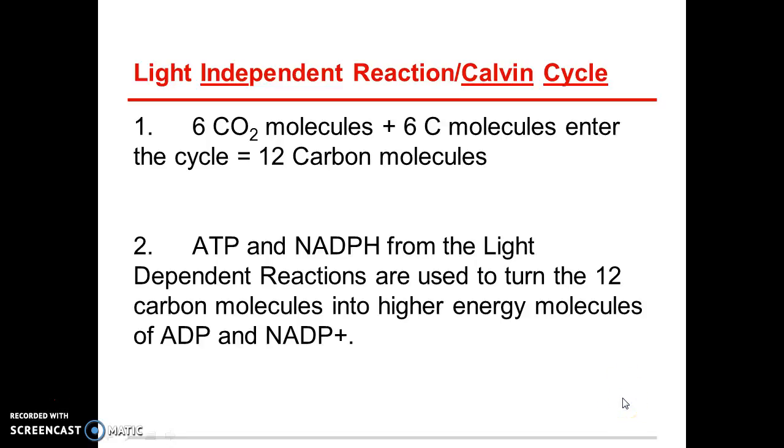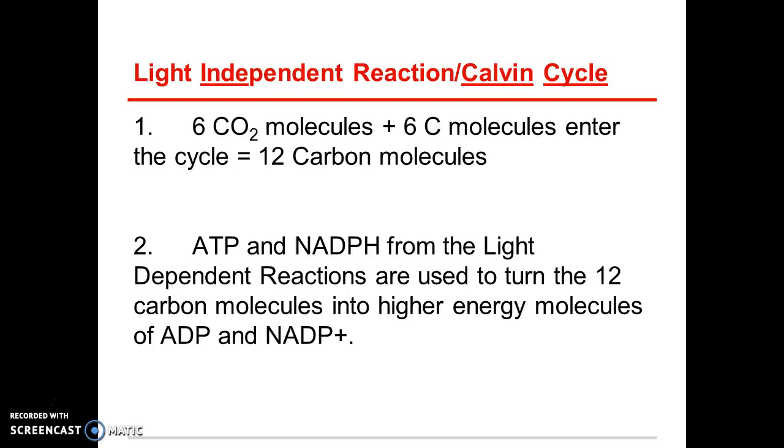Okay, so here are some details that I want you to write down, but it's going to be less emphasized on the test, okay? So with light-independent reaction, also called the Calvin cycle, it's happening in stroma. 6 carbon dioxide molecules plus 6 carbon molecules enter the cycle, and there's 12 total carbon molecules.